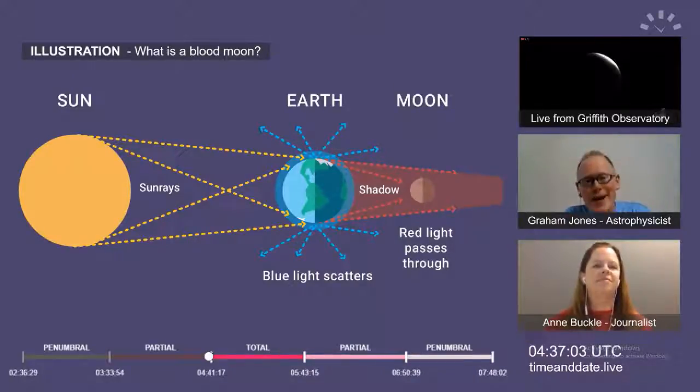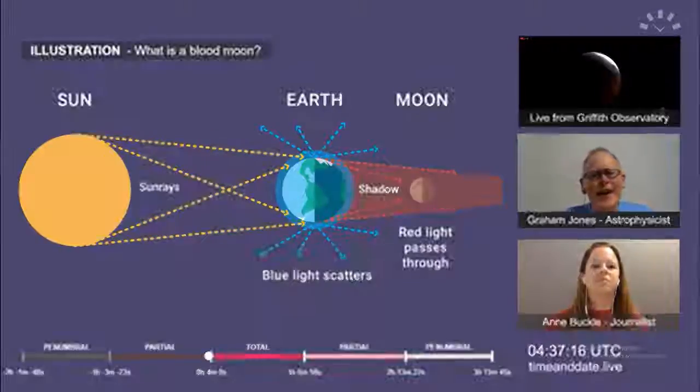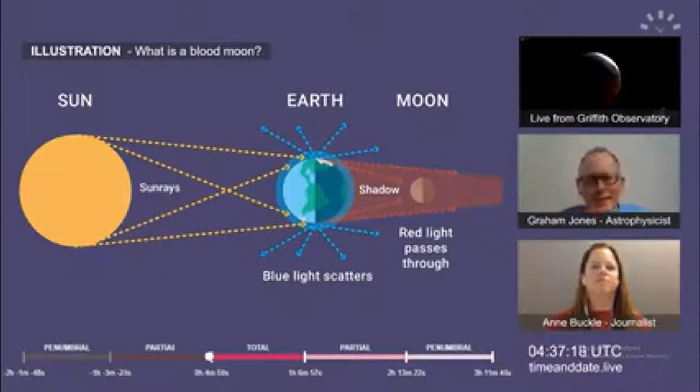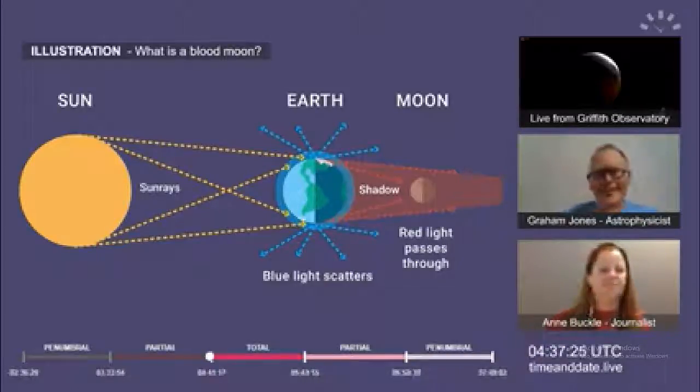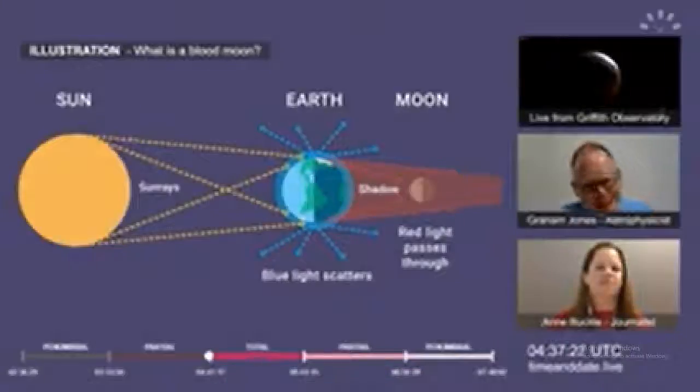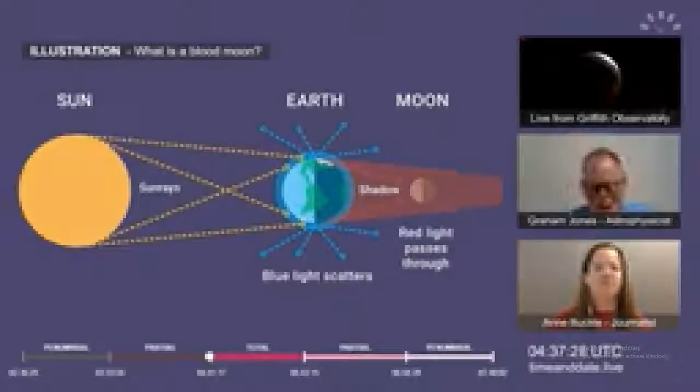It's surrounded by an atmosphere. It has an atmosphere of air, a layer of air which is about 100 kilometers thick. And this layer of air that surrounds the Earth is doing two really interesting things, and these two things are combining to give us this red color that we see on the surface of the moon.